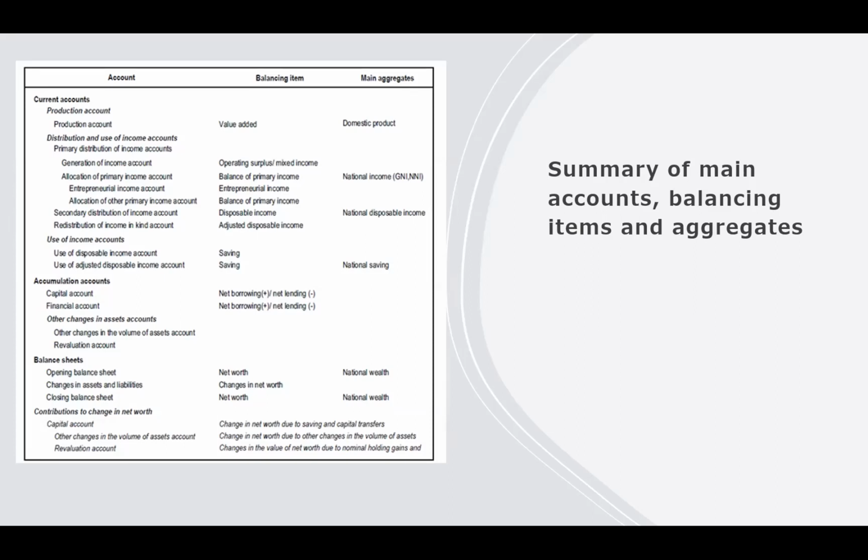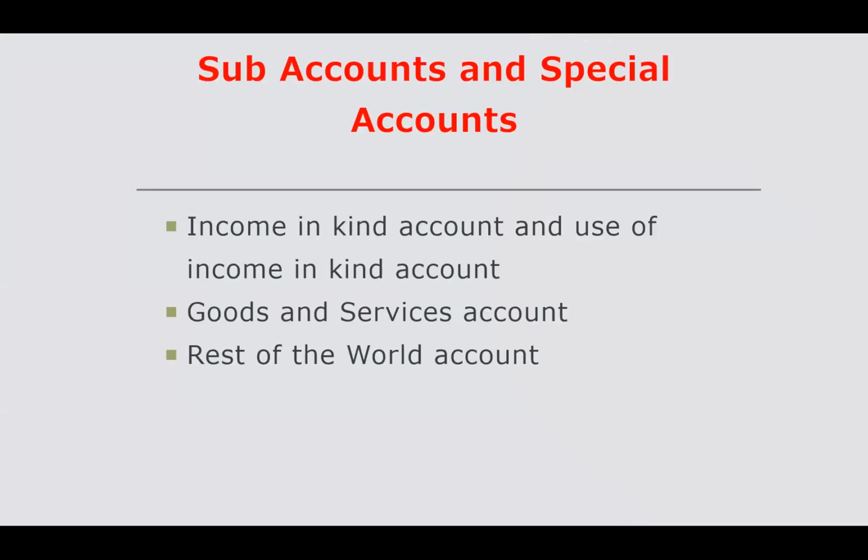We will come back to this later in the following slides. Sub-accounts and special accounts under sequence of accounts: these are allocation of income in kind account and use of income in kind account, goods and services account, and rest of the world account.